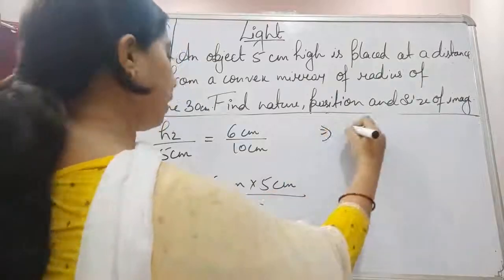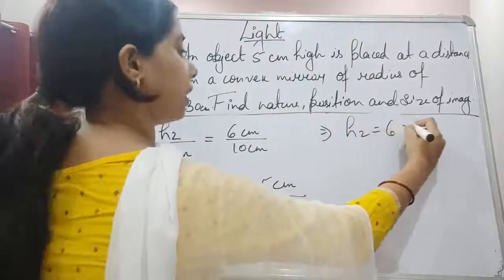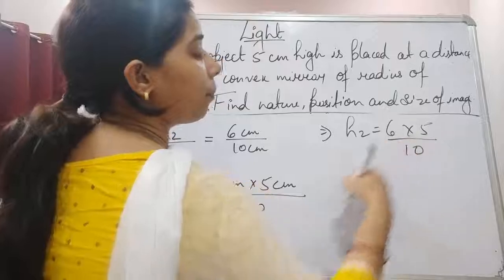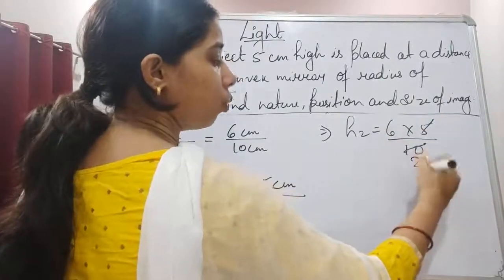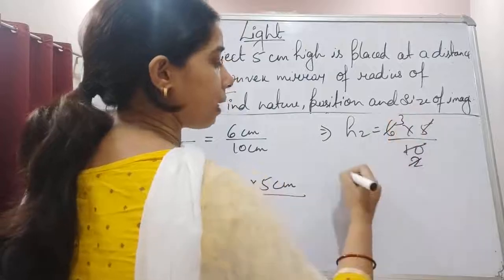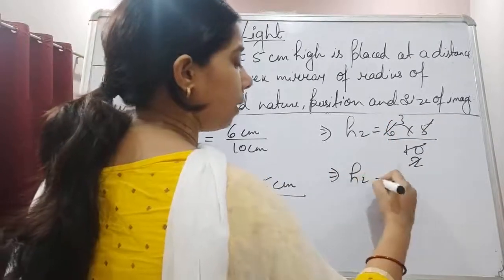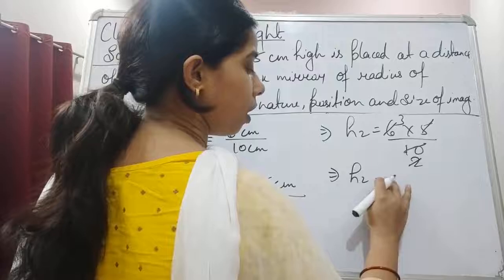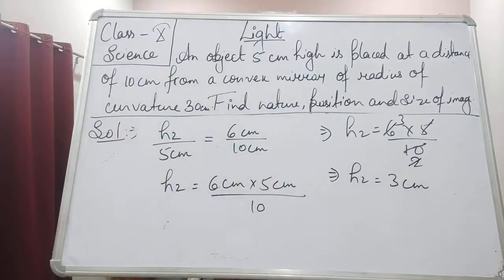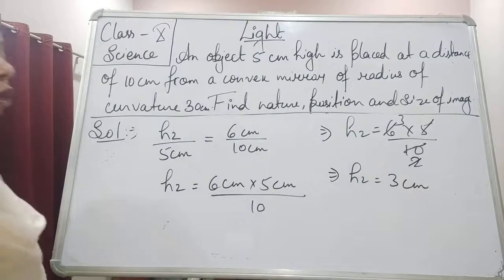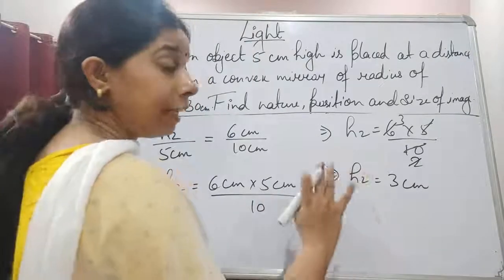In a very easy way, we can write H2 is equals to 6 into 5 upon 10. Now 5 divided by 10 is equals to 1 by 2, and 6 divided by 2 is equals to 3. So H2 will be equals to 3 centimeter. Here simply no minus is there, so it helps in confirming that it is a virtual and erect image.